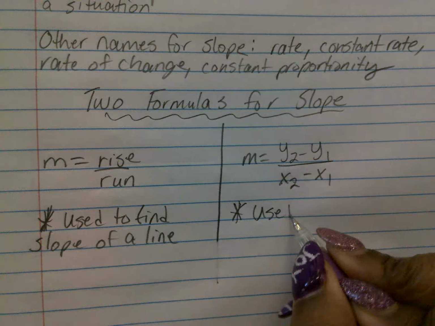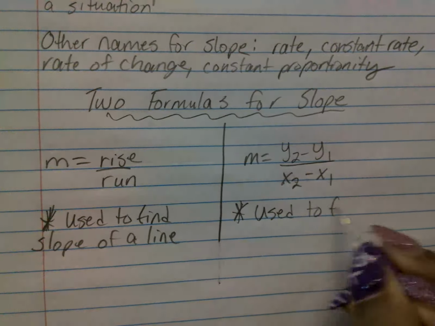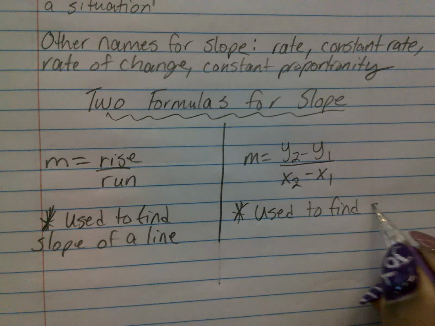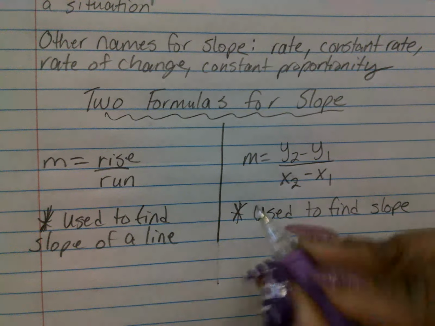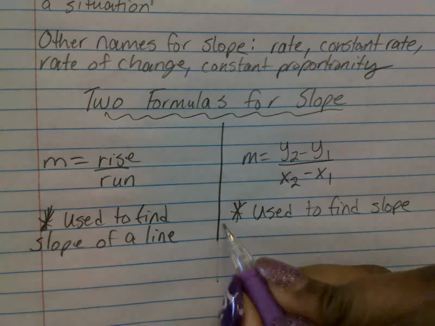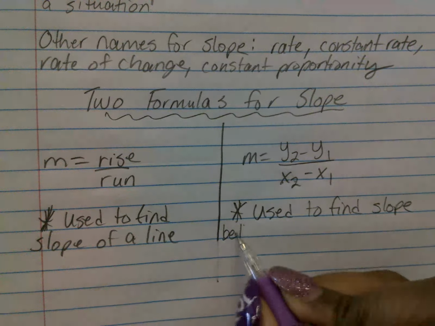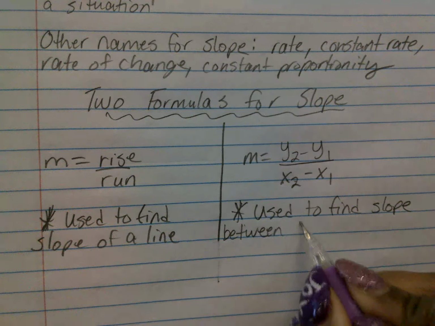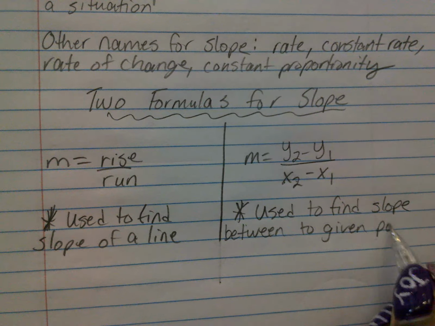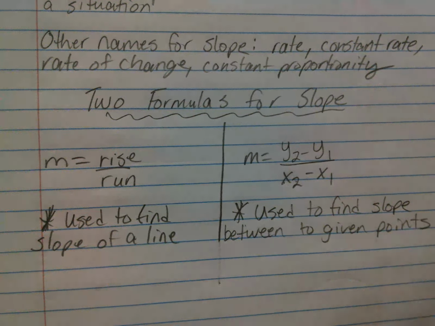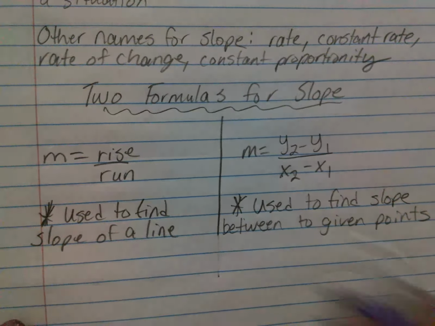This formula is used to find slope or the rate of change between two given points. And we know points are ordered pairs.